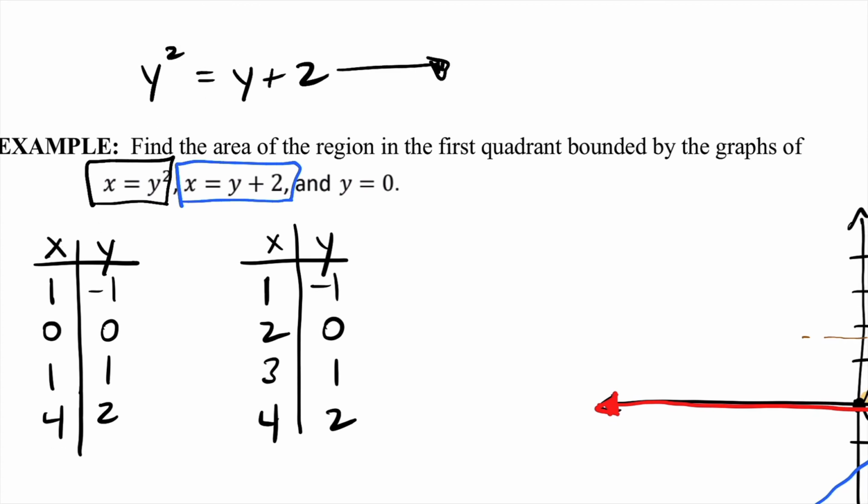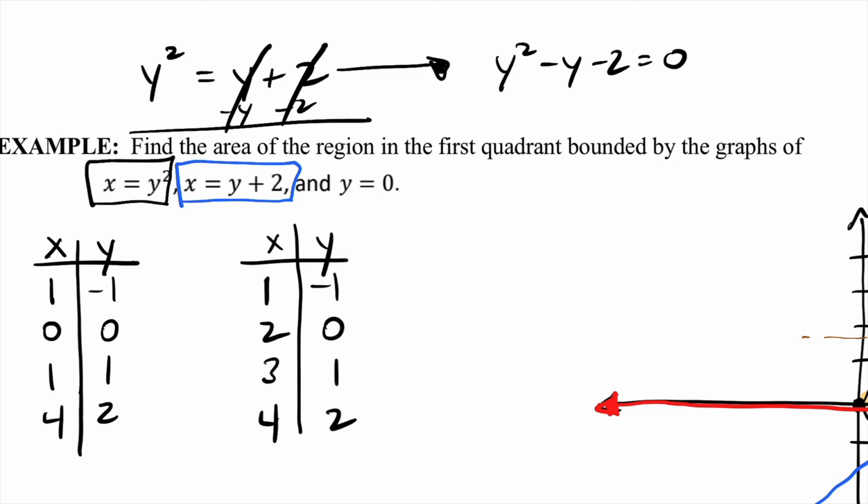So we got to solve for y now. To do that, it's a quadratic. So you got to subtract y from both sides, subtract 2 from both sides. So you get y squared minus y minus 2 equals 0.